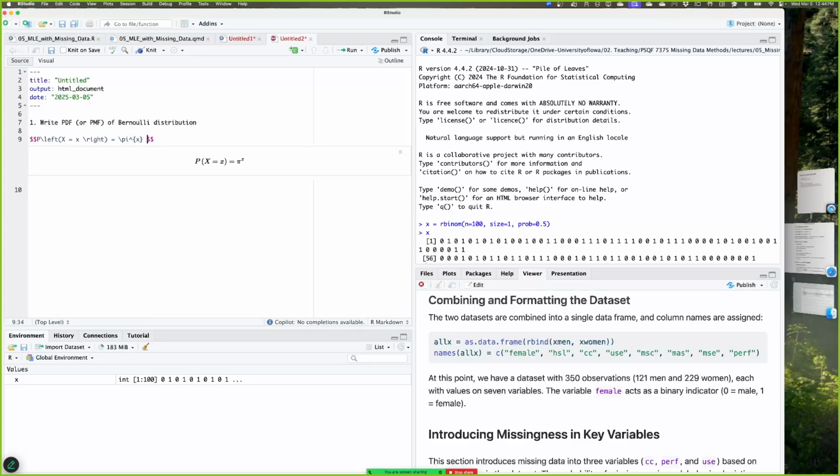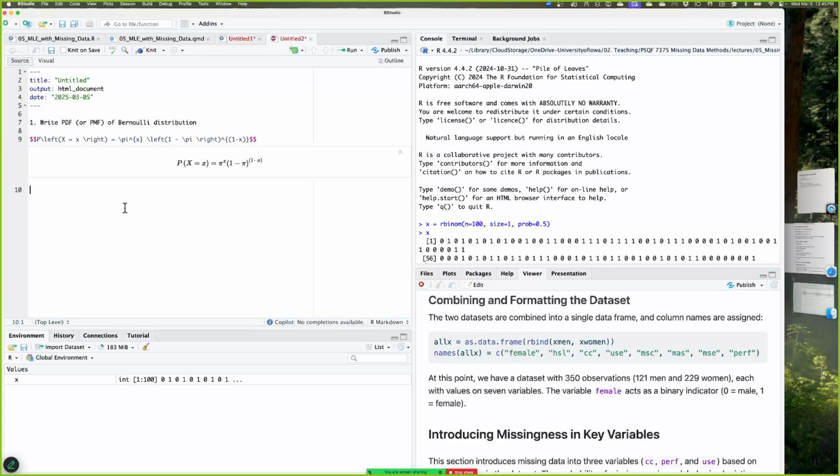And this is multiplying 1 minus pi, raised to the 1 minus x. If you think about what this PDF is doing, pi to the x, when x is 1, pi is the probability of a 1. So when x is 1, you only get the probability back. But when x is 0, you get 1 minus its probability back. This part shuts off. Does that make sense so far?